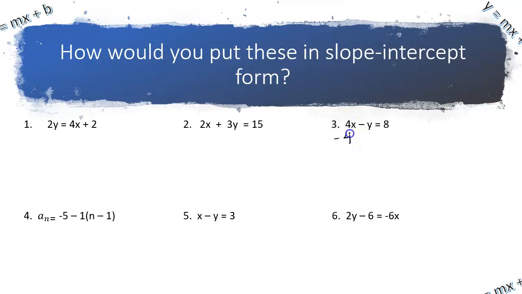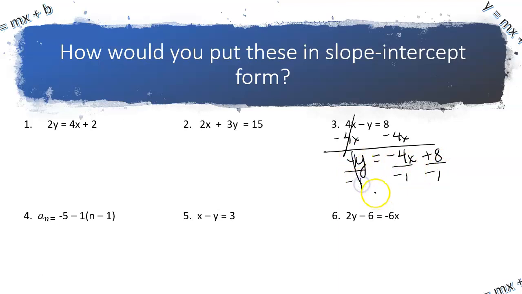This is a positive x, so I'll subtract 4x on both sides. 4x minus 4 is 0, so I have negative y equals. It's supposed to be mx plus b, so x comes down first, and then I have a positive 8. Okay, right now I have negative y, which is negative 1y. So I need to divide everything by -1, which essentially will just change the signs. So it becomes y equals, instead of negative 4x, it's positive 4x. Instead of positive 8, it's going to be negative 8 now.